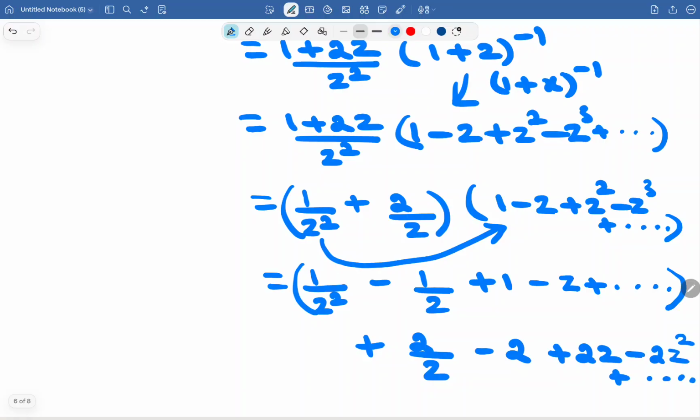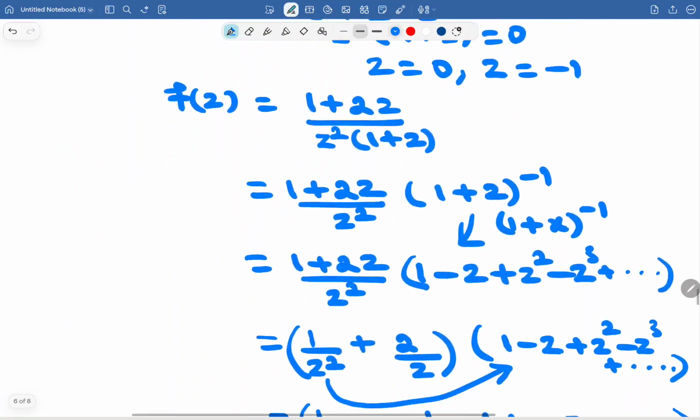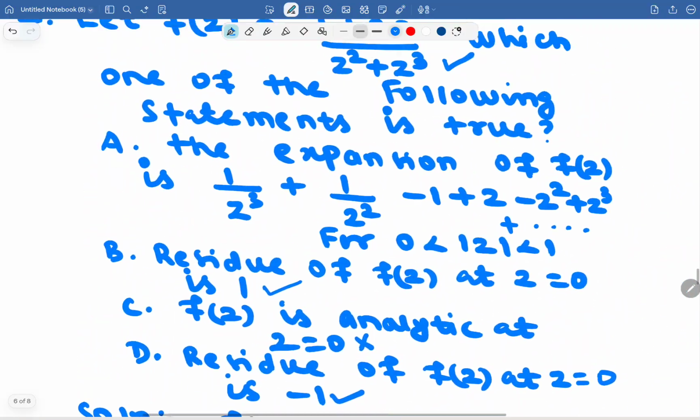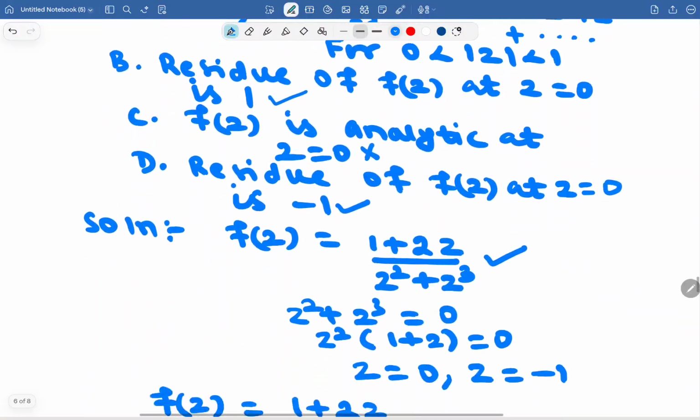See, the first option is 1 by z cube, but you are not getting 1 by z cube. Option A, wrong option. Now I am going to check option B and D.